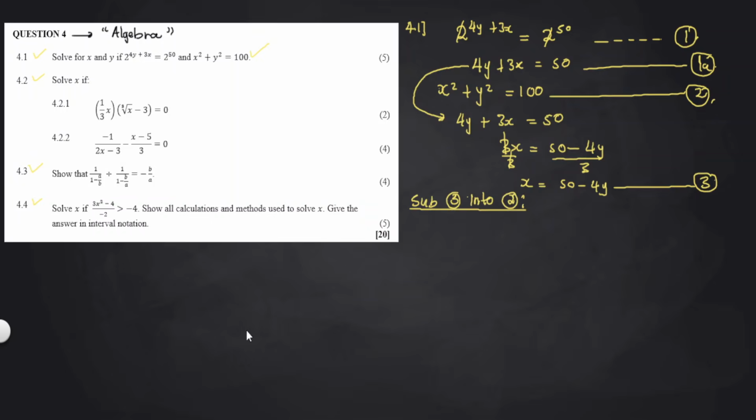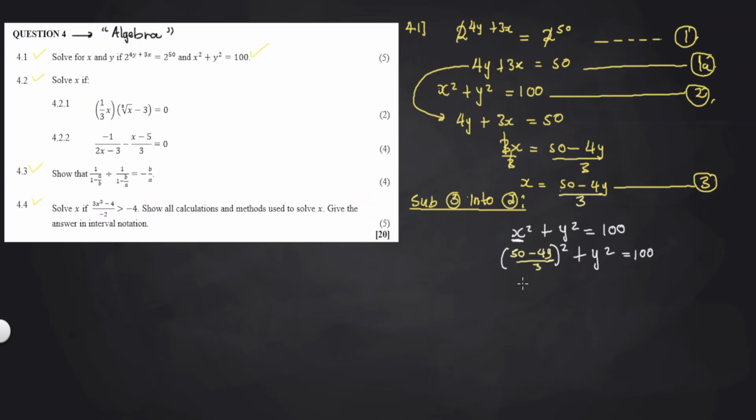So this is my equation, x squared plus y squared equal to 100. Where there's x, I'm going to substitute open bracket 50 minus 4y over 3 close bracket, squared, plus y squared equal to 100.